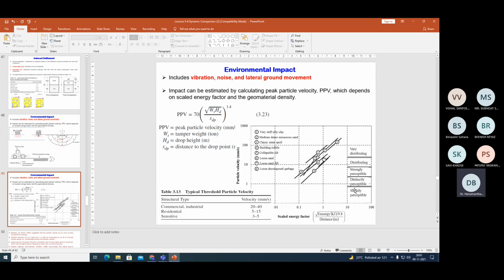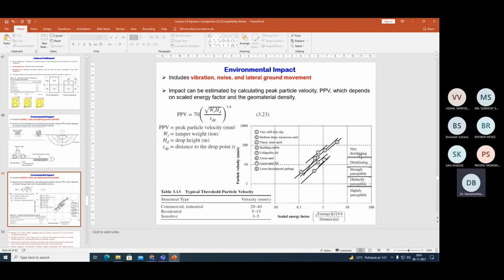For example, here you can see if the particle velocity is approximately 0.8, it is slightly perceptible. That means almost you cannot notice it. But between 0.8 and 2, it is distinctly perceptible. That means you feel it. Then above, it is strongly perceptible, disturbing, and very disturbing.